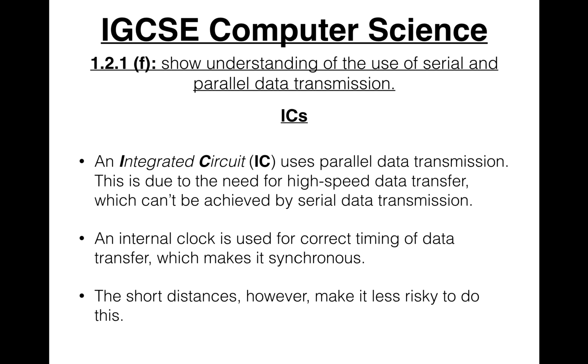If you were to transmit data using parallel data transmission halfway across the world, then yes, that might pose a problem. But with such a short distance, it might not, and therefore you can get high speed with less risk.